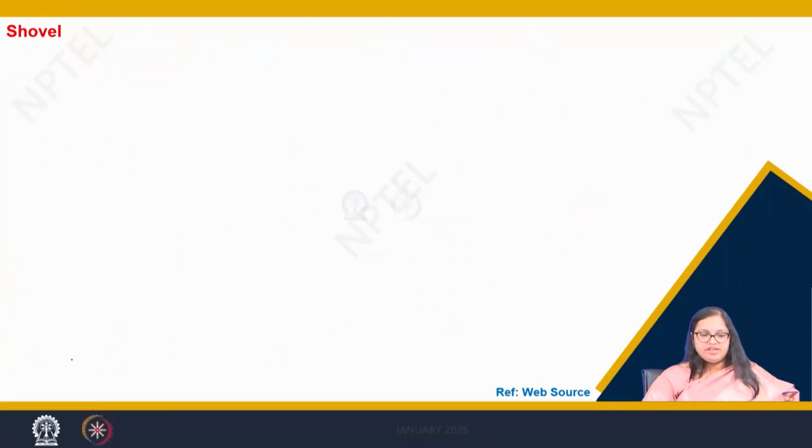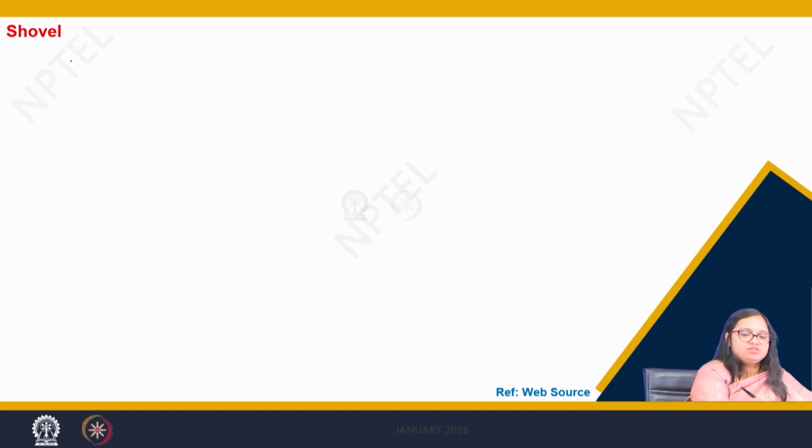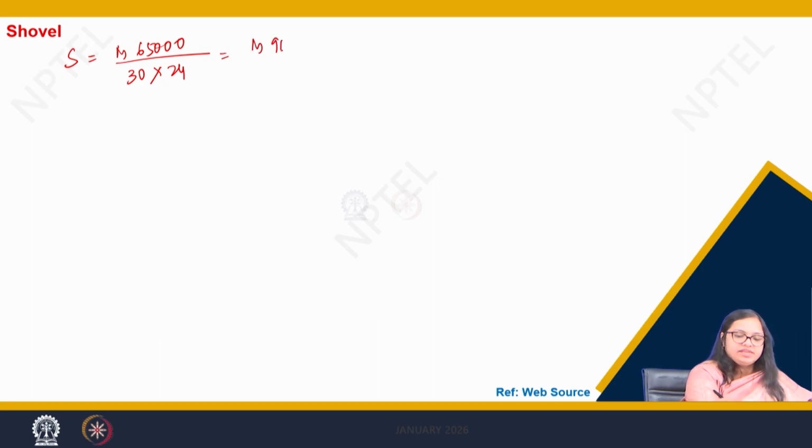Now, coming to the variable cost. In variable cost, the first is the salary of the manpower per month, which is around rupees 65,000 per month. So, per day I have to divide it by 30 and then per hour by 24, which gives me rupees 90.27 per hour.